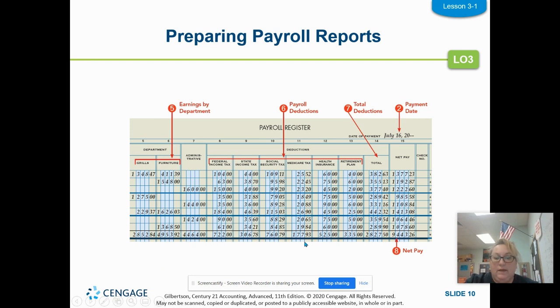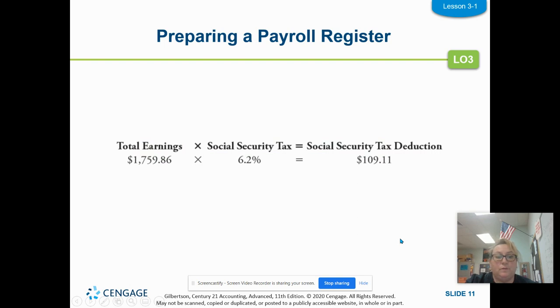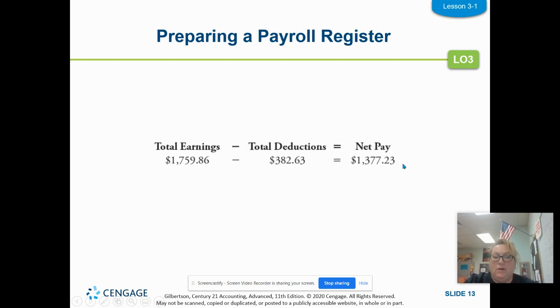Like I said, we need these totals because the totals are what we're going to record in the journal. This also shows, as a reminder, how to calculate Social Security tax. Social Security is 6.2%. You take your total earnings, multiply that by your Social Security tax, and there you go. Same thing with Medicare.